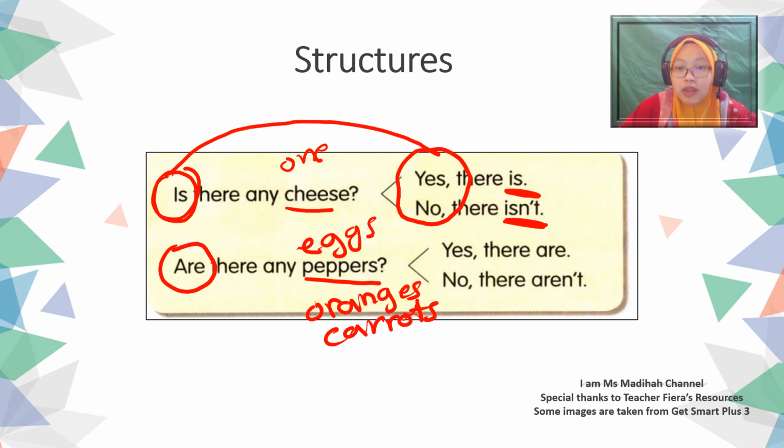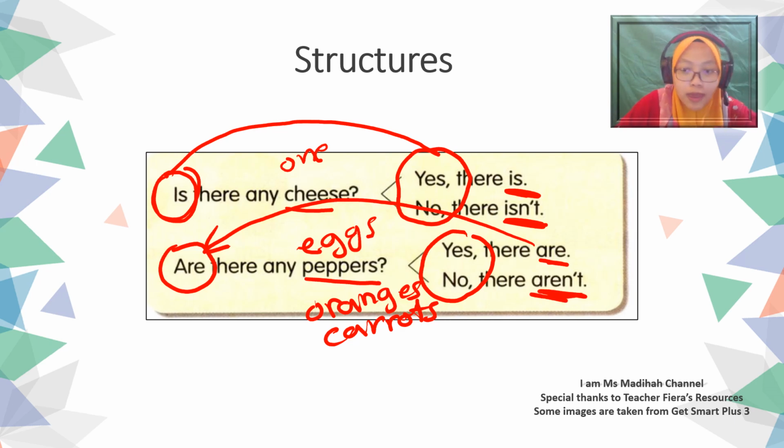So depending on your answer, your yes and your no, you have to follow this. Are there any eggs? Yes, they are. If there are no eggs, then no, they aren't. Okay, it's quite simple. Are there any oranges? If there are no oranges, no, they aren't.